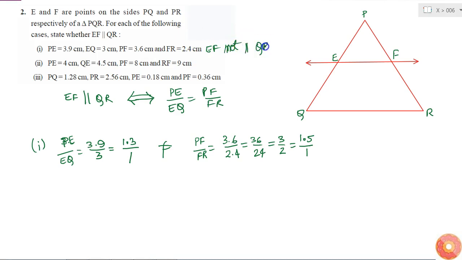I can see that these two values are not equal, so here EF is not parallel to QR. Okay, in the next part I have PE given and QE given. So PE by EQ is equal to 4 by 4.5, 4 centimeter by 4.5 centimeter.